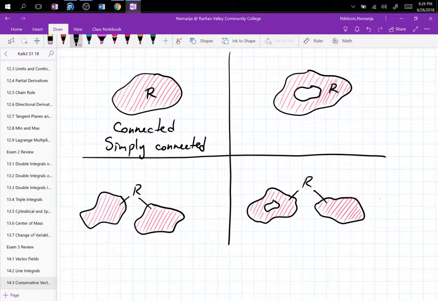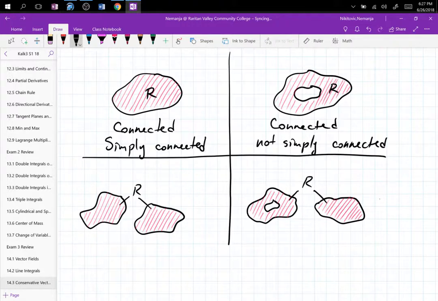Okay, so this is connected. Not simply connected. And then not connected but simply connected.